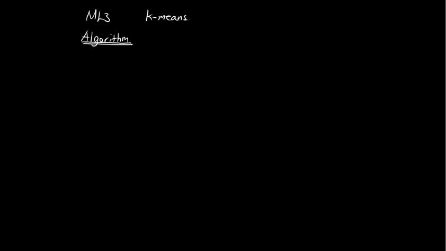In order to do so, we have to understand what the input and what the output are. For input, you have to supply the data, and the data is an n by d array. You don't have to supply y. This is unsupervised learning.